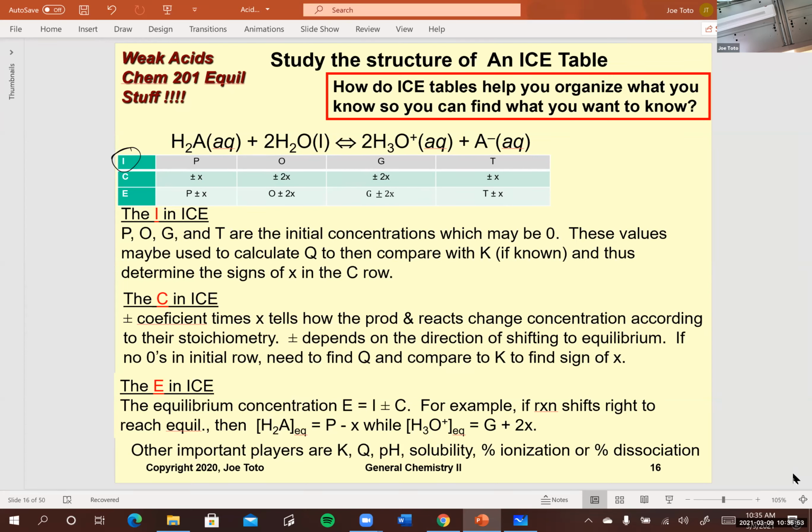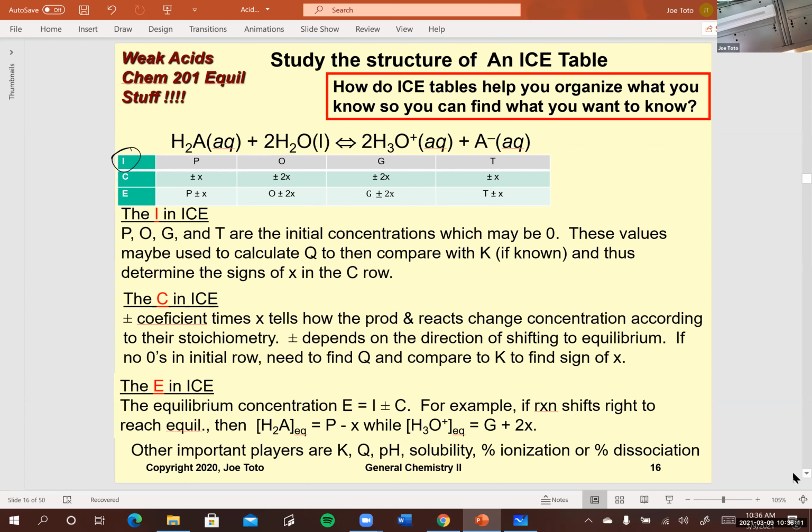is the change column, and I put plus or minus for each one of those with the stoichiometric coefficient. Now they're plus and minus because in general, you have to figure out which way the reaction has to shift to reach equilibrium given those starting amounts.